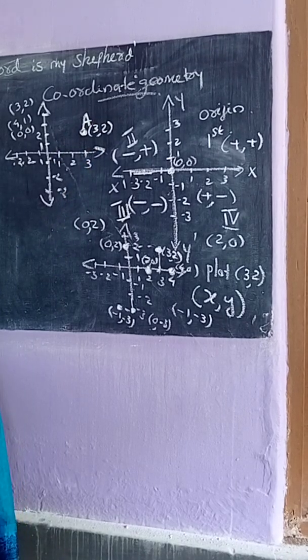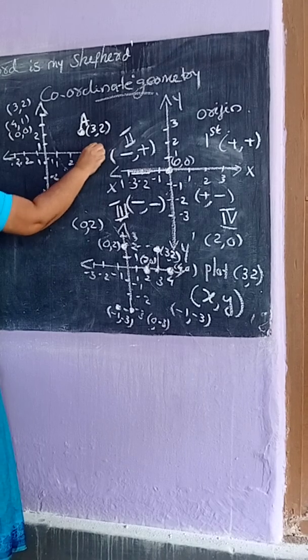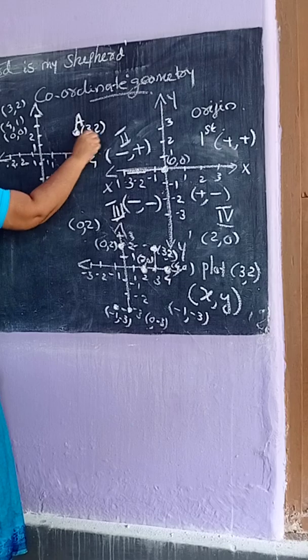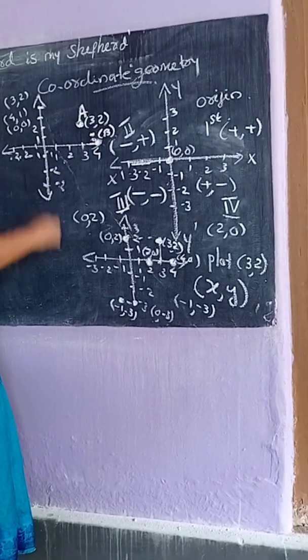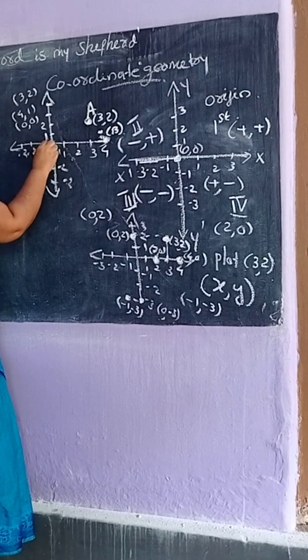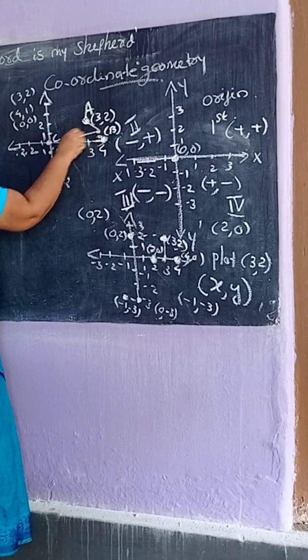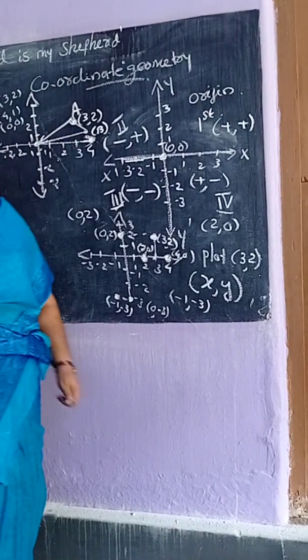What is the meaning of 4, 1? 4 and 1 means this is the point. B, 4, 1. What is C? C is the origin. Then joining these, you will get a triangle.